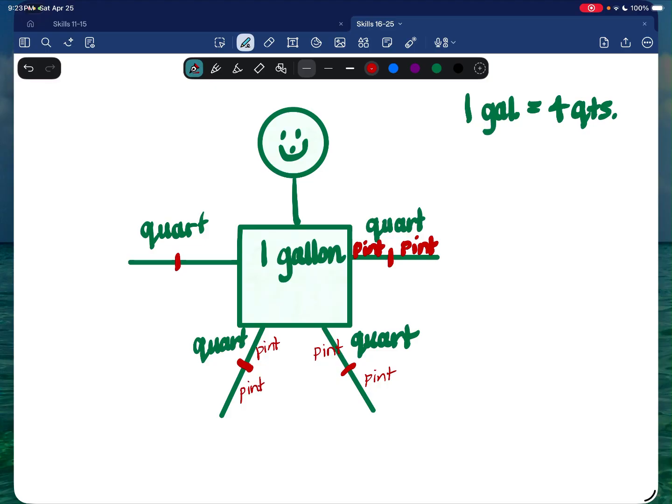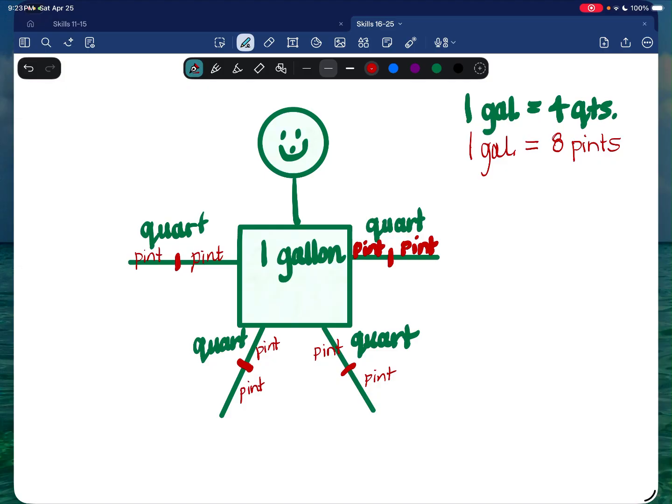So how many pints are equal to 1 gallon? There are 8 of them. So 1 gallon could be expressed as 8 pints.